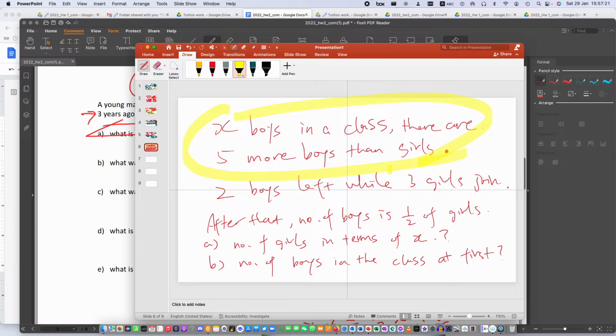But if you understand, it's okay. So the number of girls. Given this statement, you have already listed down the number of girls.